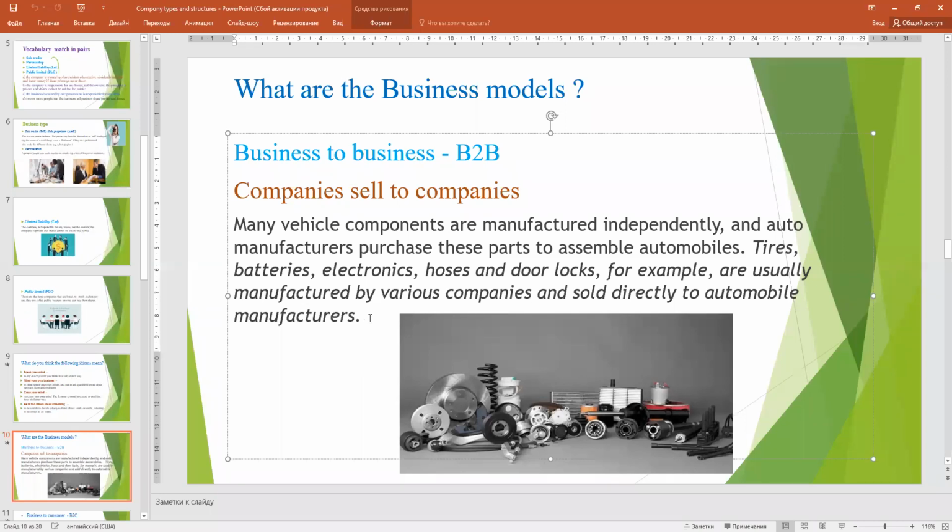Do our national companies produce the vehicle components on their own premises, or do they import them? What is your idea?